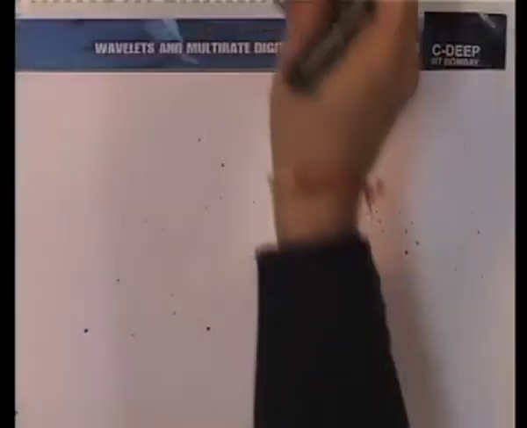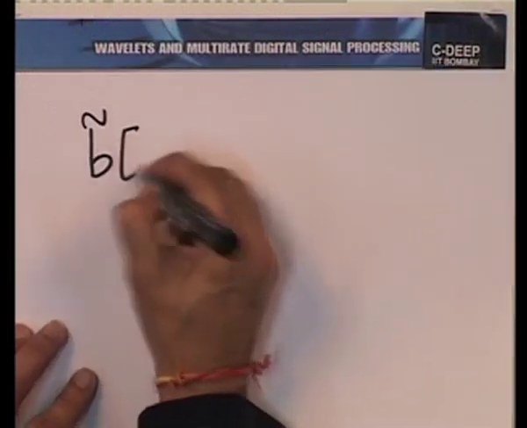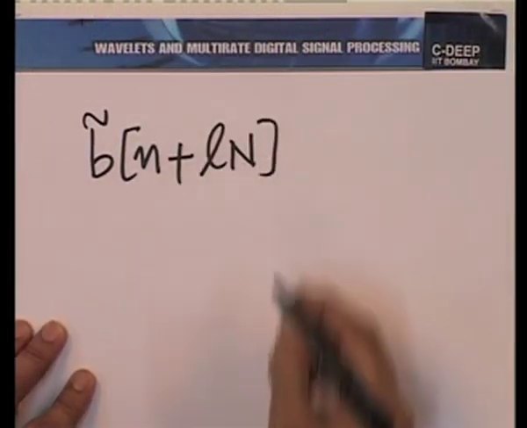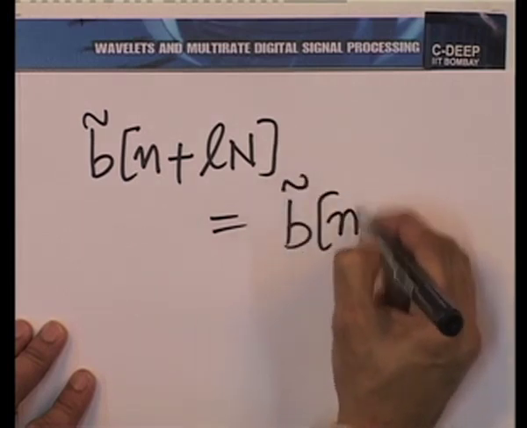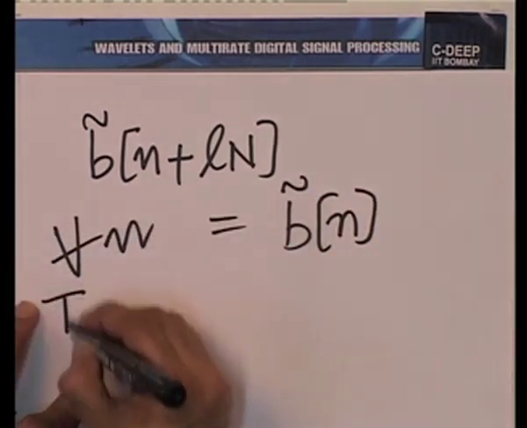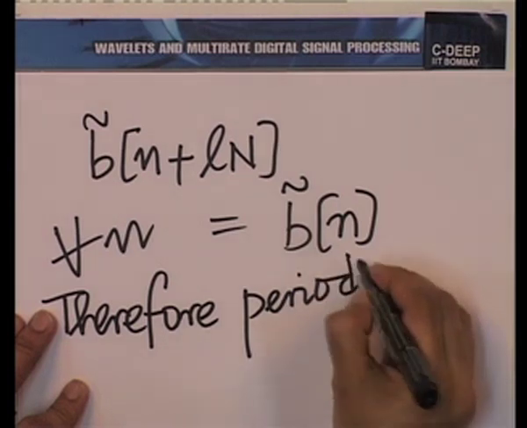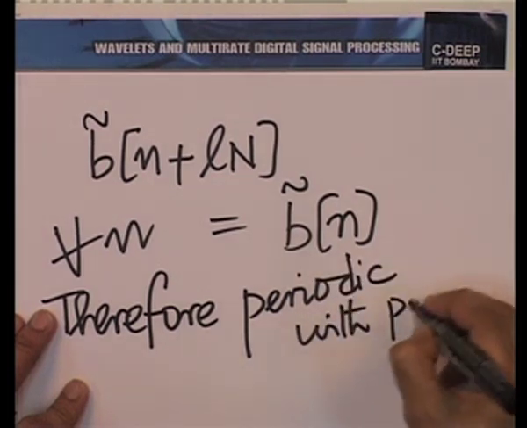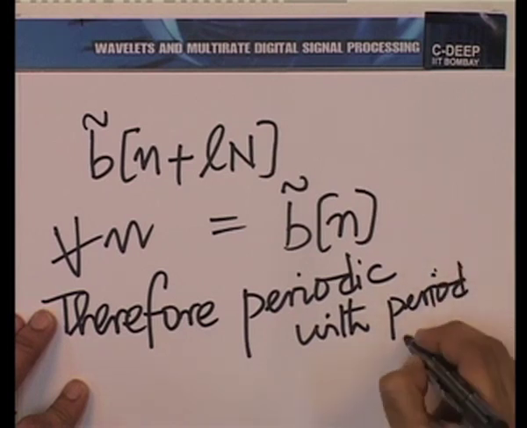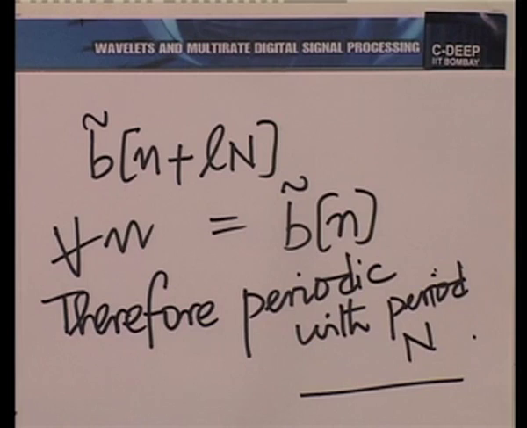And therefore, what we are saying is, in effect, b tilde n plus L times capital N is b tilde n for all n, and therefore, periodic with period capital N. So, here we have a mechanism for generating a periodic sequence by using a combination of exponentials.